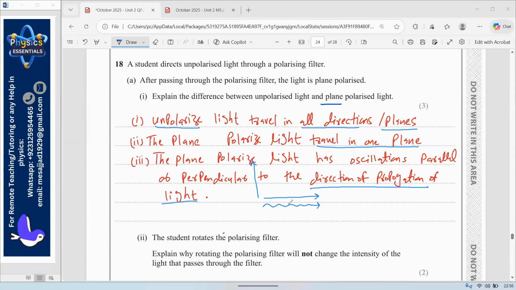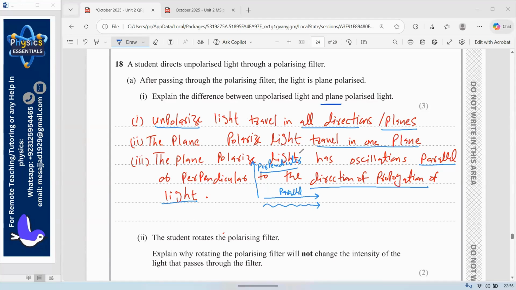If it is polarized in this direction, we will say that the plane of polarization is parallel to the direction of propagation of the wave. And if the light is oscillating up and down and the traveling direction is rightward, then the polarization takes place perpendicular to the direction of propagation of the wave.